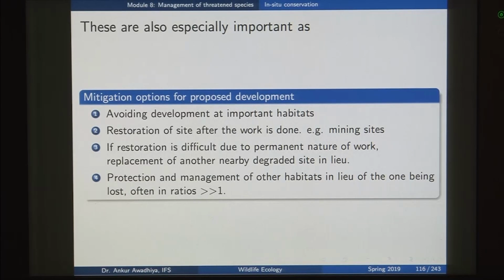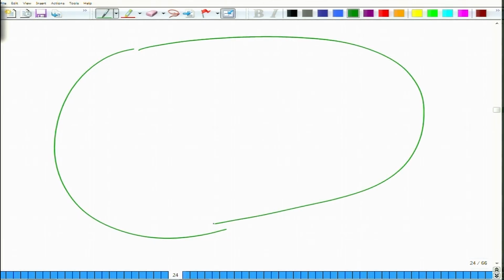Now, knowing all of these options is also important, because these are also mitigation options for proposed development. So, suppose you have an area where you are doing in situ conservation. There is this big forest that is available with you, and the society also has its own needs and wants. Because of that, this area needs to be converted into a mining site.